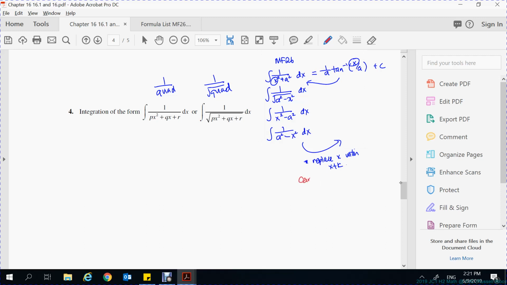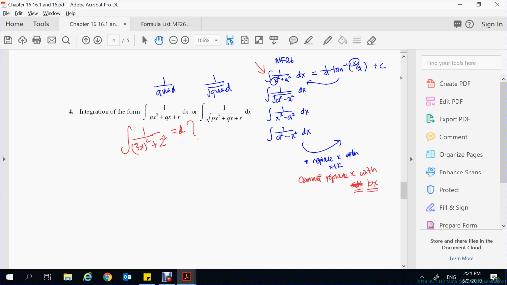But I cannot replace x with bx, where b can be a constant. So for example, if I want to integrate 1 over 3x squared plus 2 squared, I cannot use this outright.